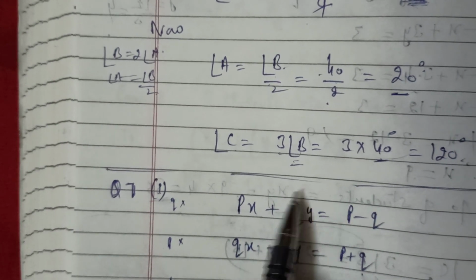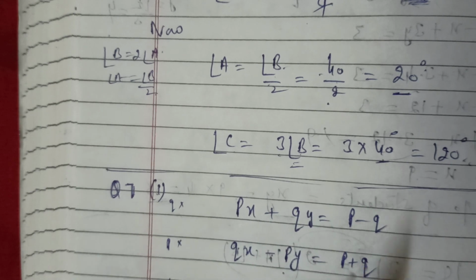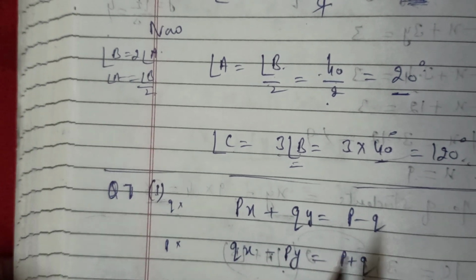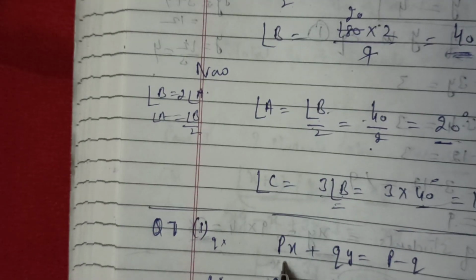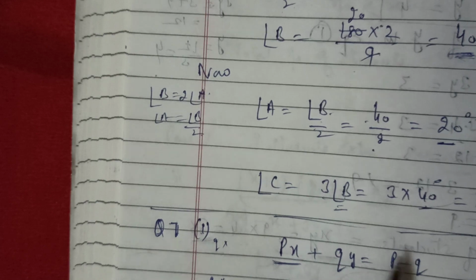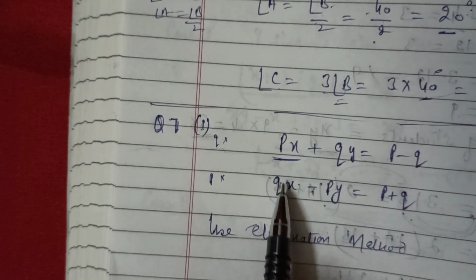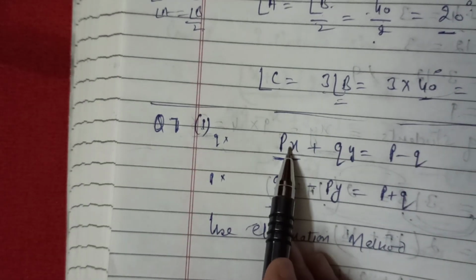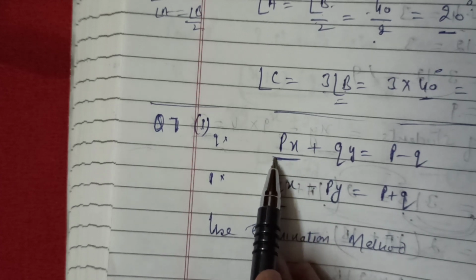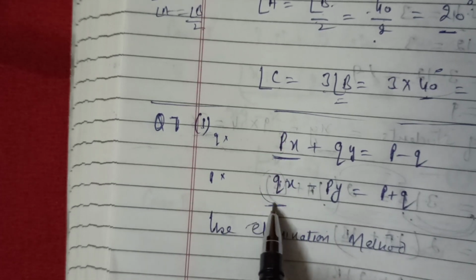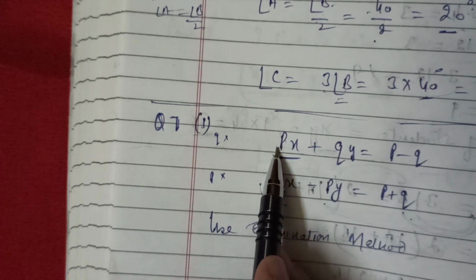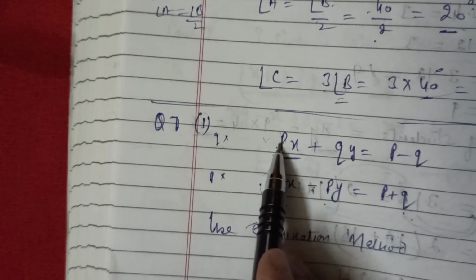Look at the statement that is given, and I am using the elimination method for this question. I will show you both, right? See carefully. First, I want to make the coefficient of x the same. To make the coefficient of x the same, here you will have to multiply by q, and here you will have to multiply by p, so that if you multiply by q, it becomes qp.